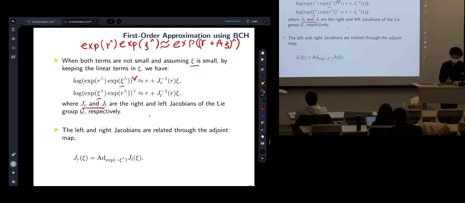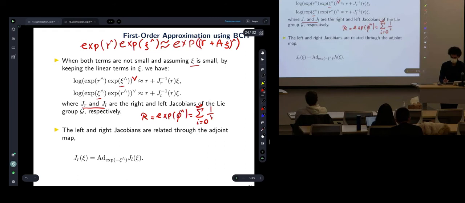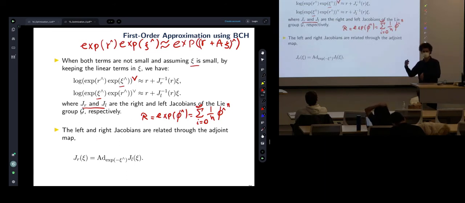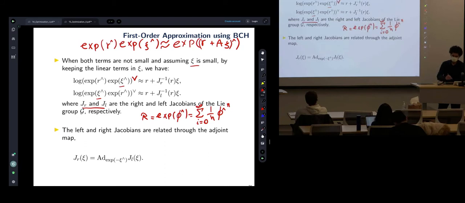For example, for the exponential map of SO3, you need to expand these terms and then collect them into terms that show sine and cosine series. That's how we find the closed form formula. You can do the same thing here.